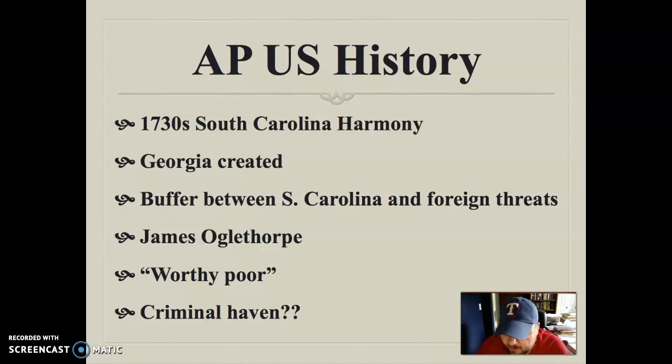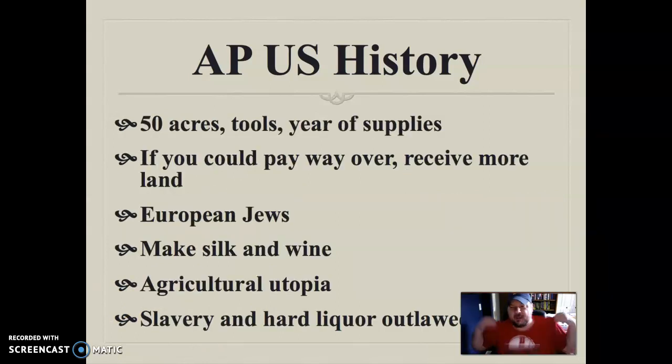What they meant by that was people that are poor, they don't have much, but they are willing to work hard. So they were going to use these hard workers as a means to produce for the colony or the country of England. This colony was going to produce and be able to ship their goods back.